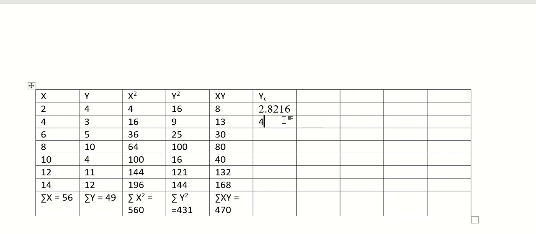So the second value is 4.2144, 5.6072, 7.000, 8.3928, 9.7856, 11.1784.